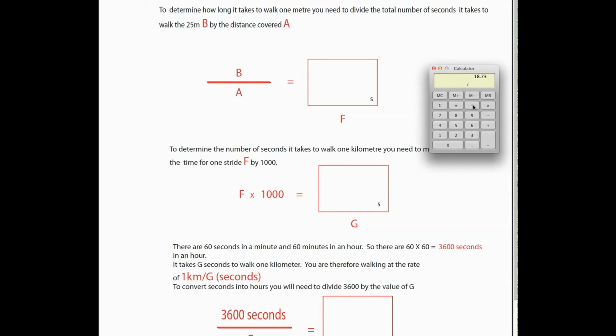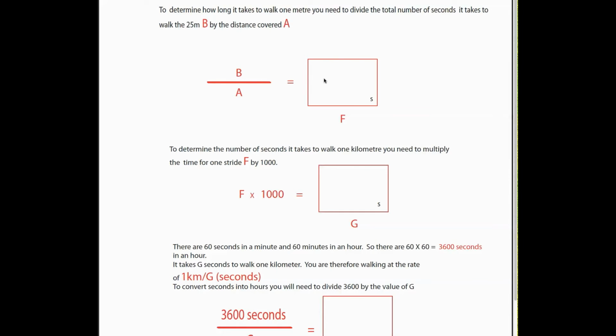So I'll make sure I hit the divide 25 meters, and we get 0.7492. Okay, so I'm going to just put in here 0.75. I think we'll round it up.